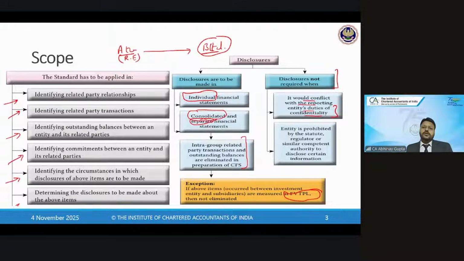Generally, it is not possible for a company to come and say that because of confidentiality we will not be able to disclose the nature of the relationship, the nature of the transaction and the volume of the transaction, right? But still, for the purpose of having this option available, the standard has cast this as one of the exceptions.